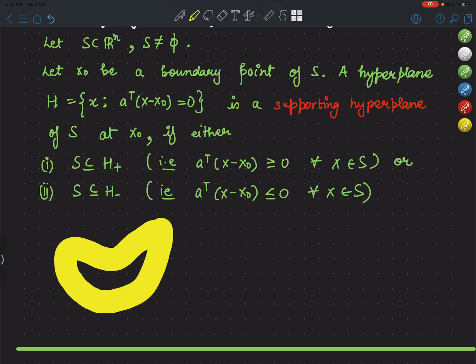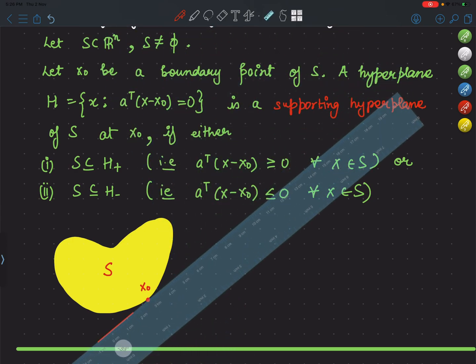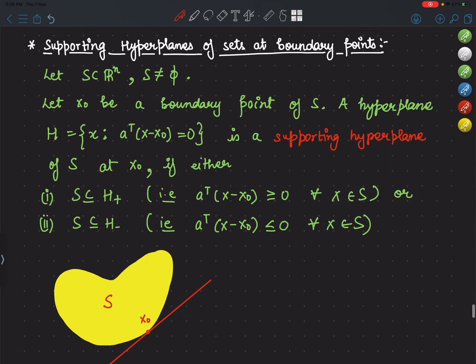So let me explain it to you through a diagram. Let this be the set S and this point be X naught, and this be the hyperplane through X naught. So what this theorem says is, let S be some set.